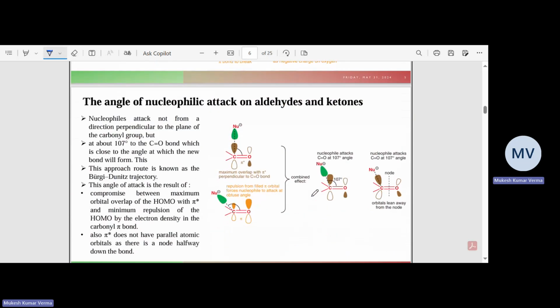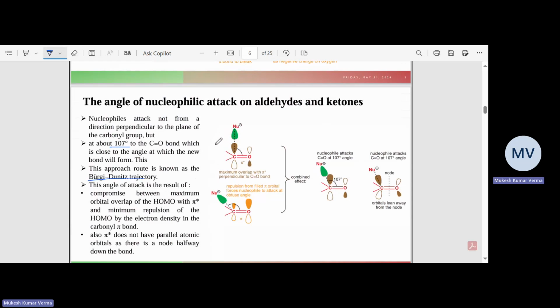Next is the angle of nucleophilic attack on aldehydes and ketones. The nucleophile cannot attack at any angle on the carbonyl carbon. The angle is fixed, at 107 degrees. The nucleophiles attack the carbonyl carbon at an angle of 107 degrees, which is called the Bürgi-Dunitz trajectory.